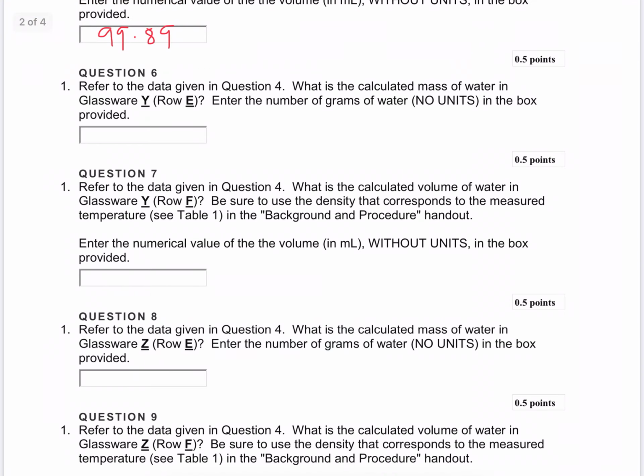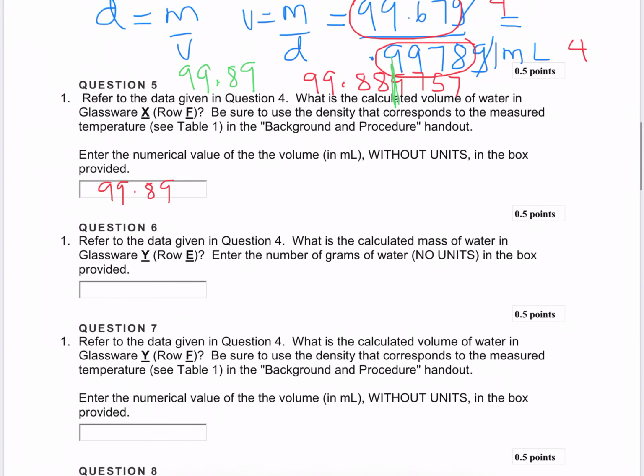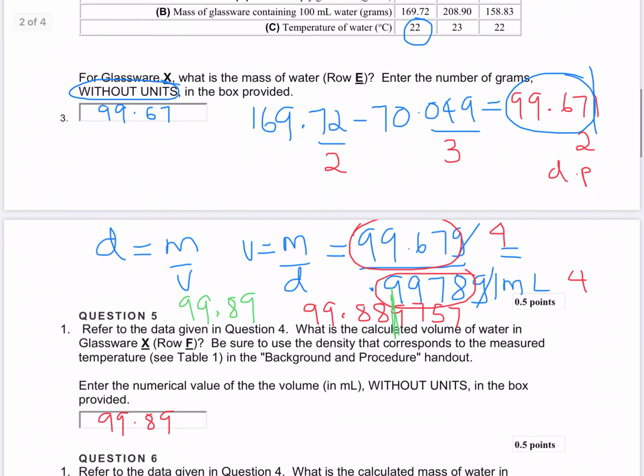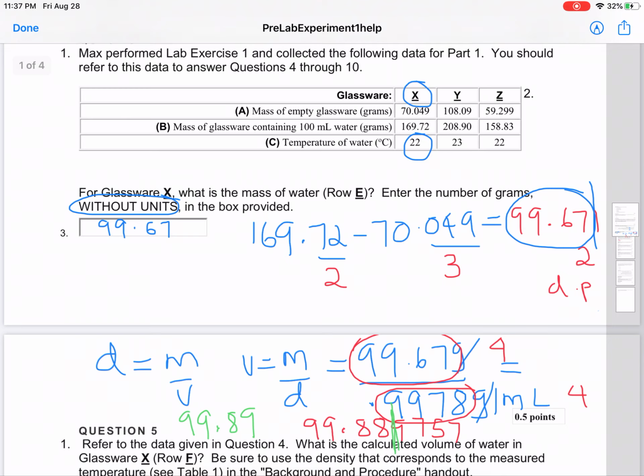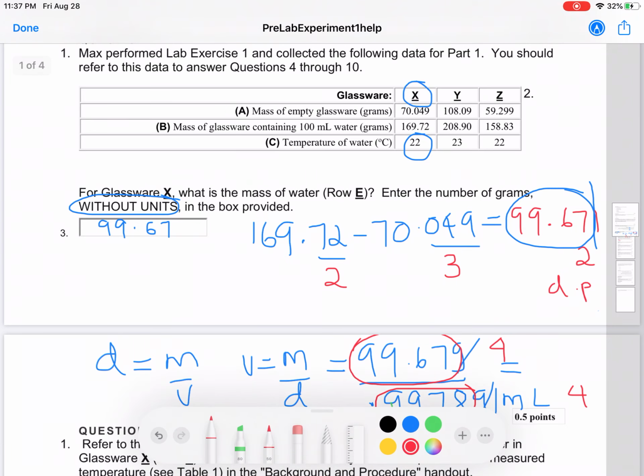Now for question 8, you refer to the glassware Z, which is the 3rd column. Now to find out the mass, you subtract A from B, 158.83 minus 59.299. Now see, in this subtraction, you have 3 decimal places over here and 2 decimal places over here.